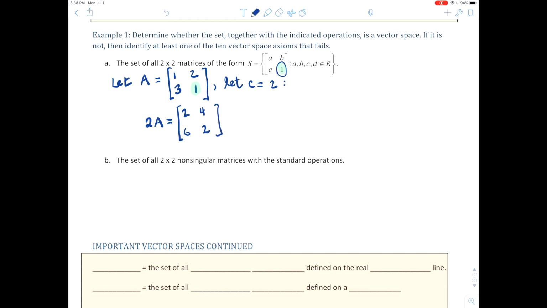Notice that we don't get the desired 1 here, which is not an element of S. So S is not closed under scalar multiplication.